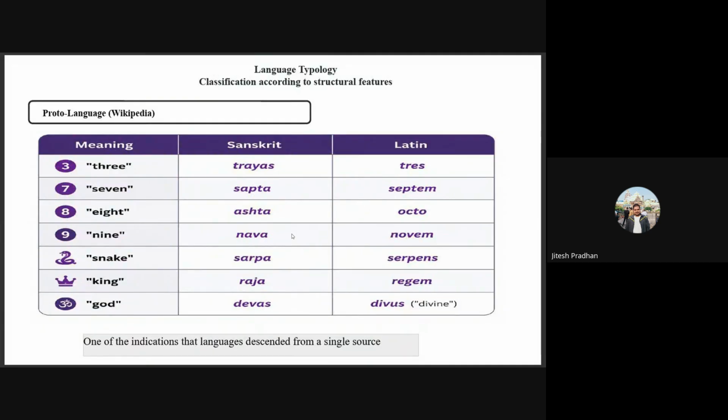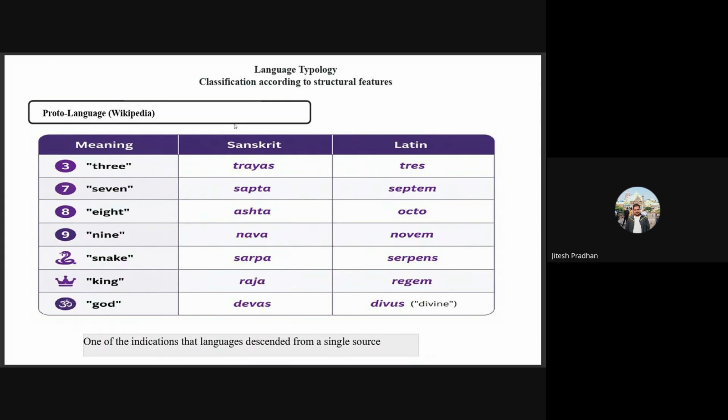So language topology can be described with three letters: S, V, O. S means subject, V means verb, O means object. English follows SVO, that is subject, verb, object. Hindi or Japanese-like languages follow SOV, that is subject, object, verb. And Arabic-like languages follow VSO, that is verb, subject, and object.